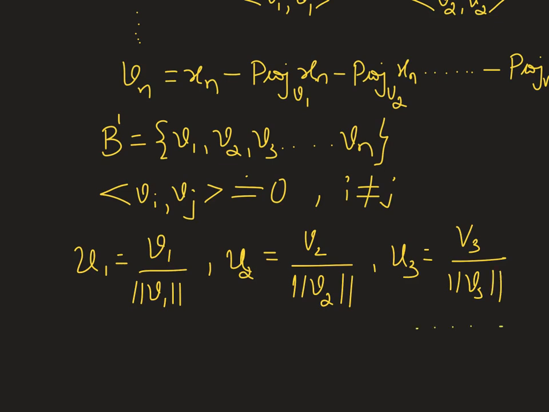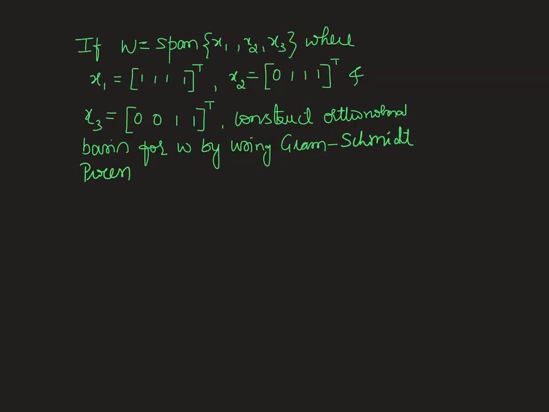Like this it will continue. These vectors form an orthonormal set. This is our expected result by the Gram-Schmidt process.